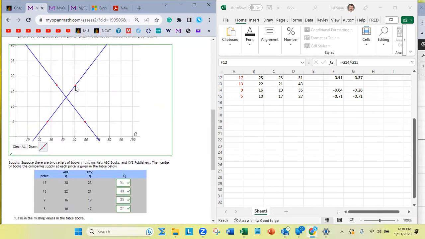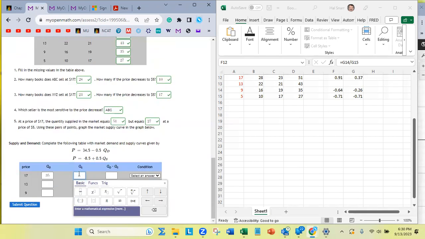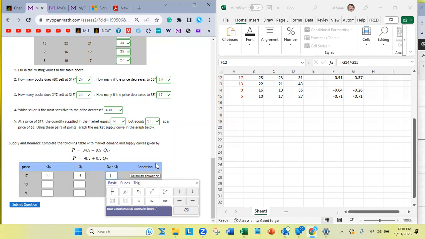When the price is 17, they want to supply a little more than 50. 51. So firms are supplying more than what is being demanded. And that difference, 35 minus 51, is a negative 16.